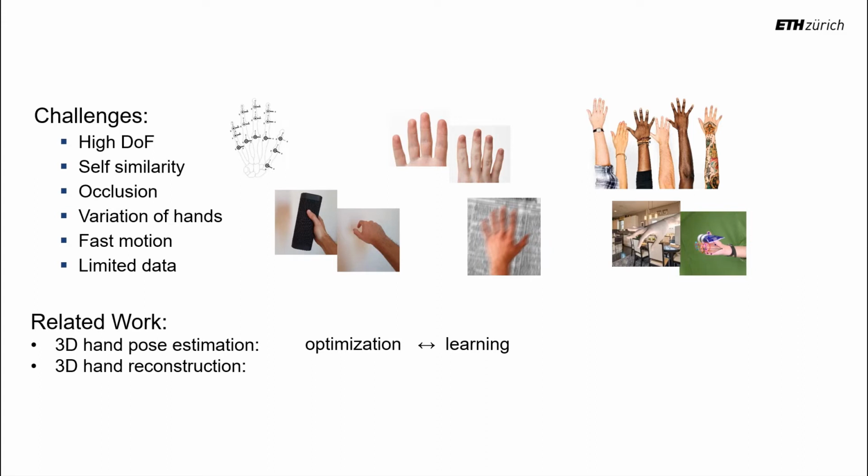For 3D hand reconstruction, there's a similar trade-off between model-based and model-free approaches. While model-based are more robust, for example to the mentioned occlusion challenge, they are not as expressive as model-free approaches. What we try to achieve with our hybrid approach is to combine the positive properties of the different approaches in a sensible and meaningful manner.